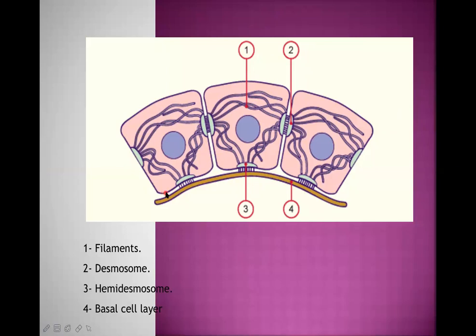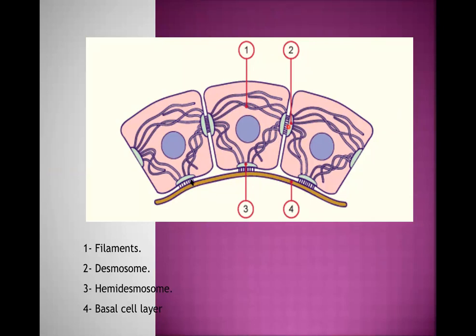These are the different keratinocytes, for example, different skin cells. Now there is a substance connecting these two cells. These cells and these cells are connected by this attachment. This is called desmosome.